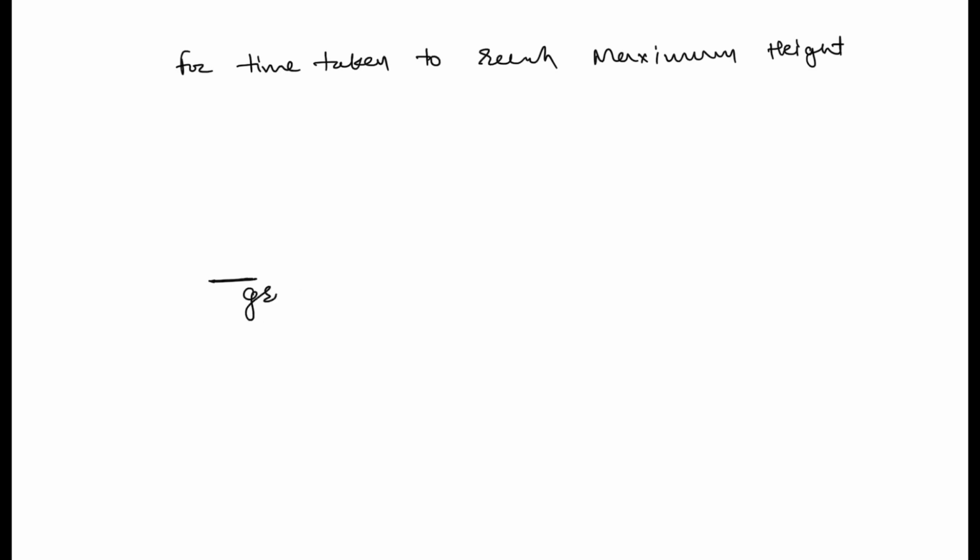For the time taken to reach maximum height, from the ground to this point h max, from A to D point, the vertical velocity is u sin theta, and here 0.